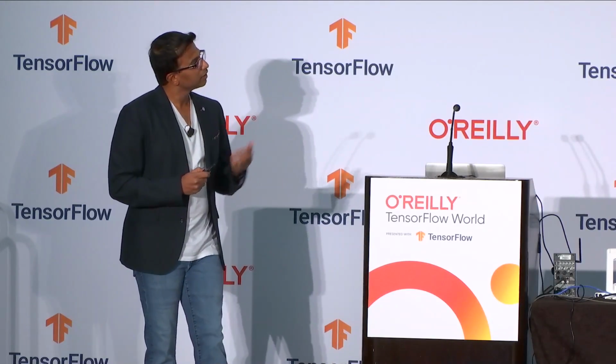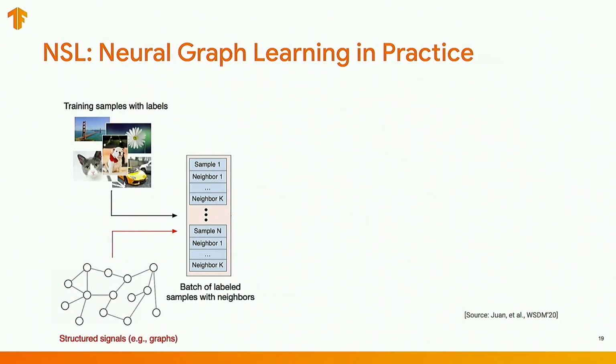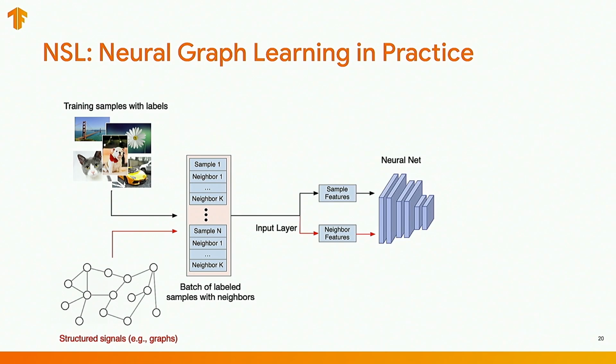Here's an example of NSL, neural graph learning, for image classification. You start with some samples, as I said, the pixels, and you also have a structure. In this case, the images are connected in the graph based on some user interaction signal, or, for example, as I showed you, they belong to the same album, or there's some sort of structure tying them together. Assuming this is given to you, we pass this through the network.